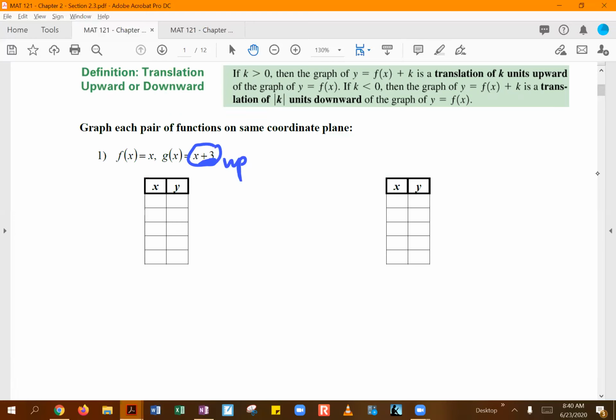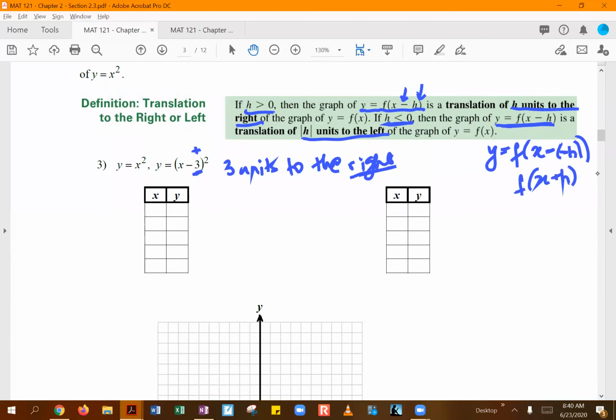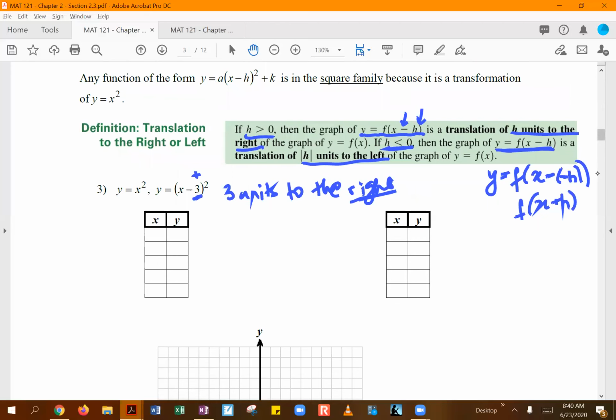So you actually had both movements happening, though we didn't do that intentionally. Some functions will be different, but this one is specifically just moving our graph 3 units to the right.